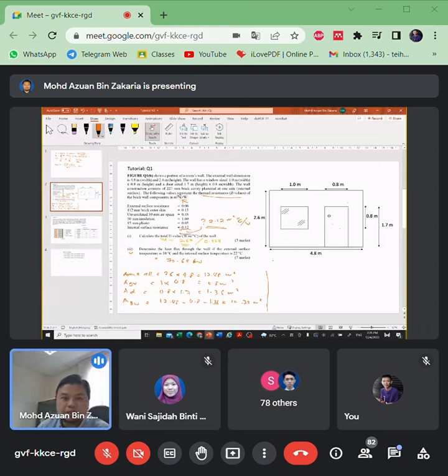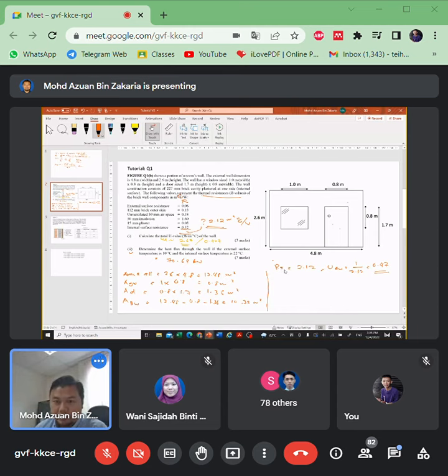So nothing to do, just sum up: R total equal to 2.12 for brick wall. So U brick wall equal to 1 over 2.12, which is 0.47. This is only for brick wall.